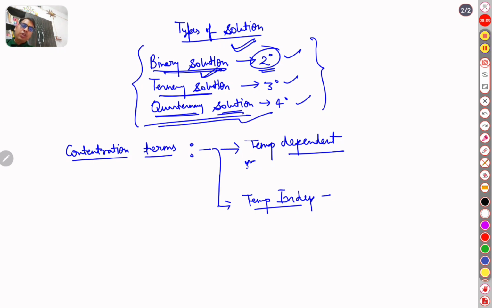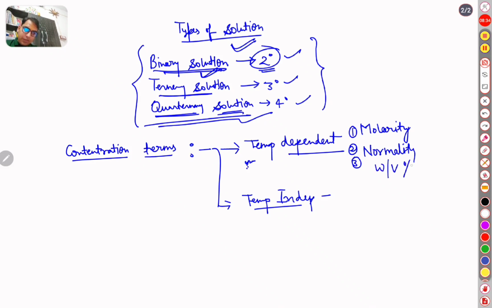The first one is molarity. Second one is normality. Third one is weight by volume percentage.